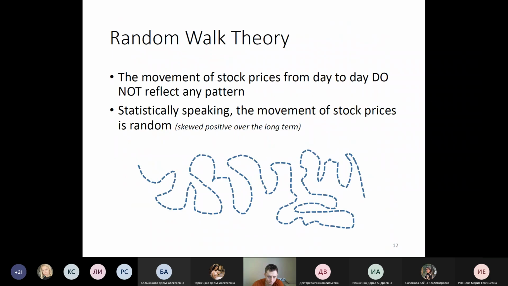There are multiple tools. We discussed also the random walk theory, the theory of predicting the price of the stock. More accurately to say, the theory says that in the short term we cannot find any pattern of the movement of the stock price.